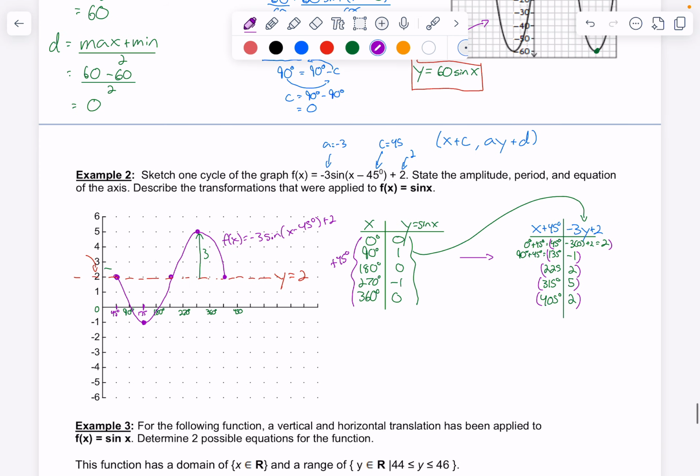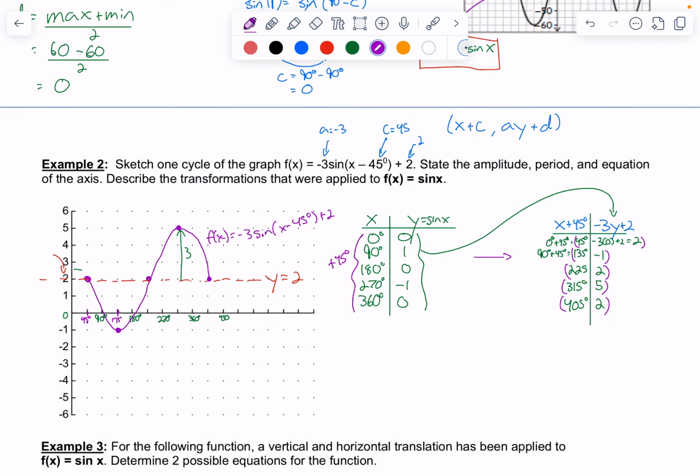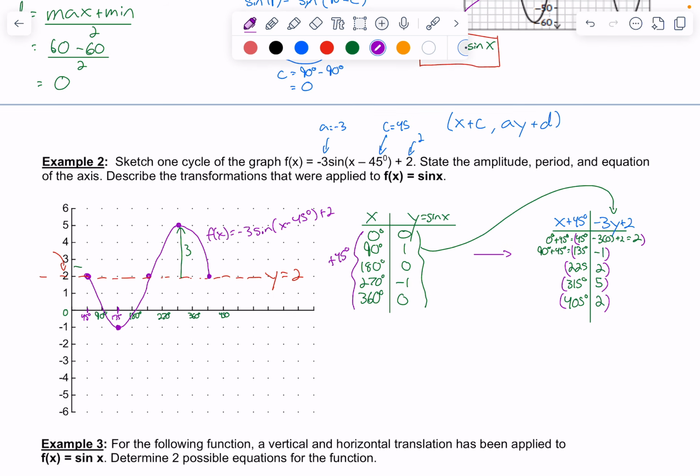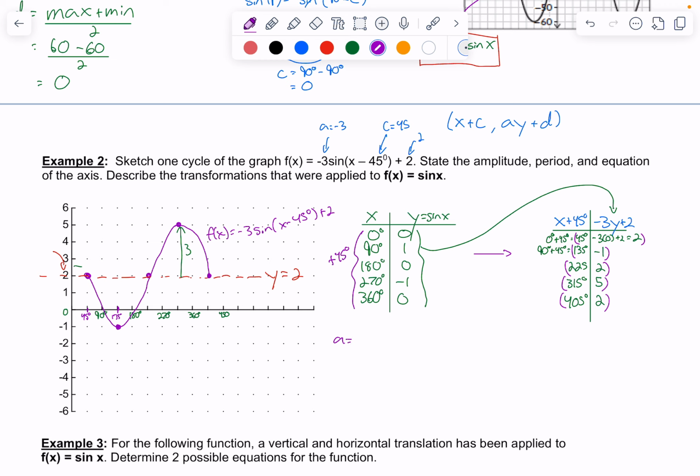So then we need to state the amplitude, period, and equation of the axis. Well, it's already stated the amplitude. Your A is 3. So I'll give you a chart to do this on the test, but I'll just make it cleaner. Amplitude equals 3. Your axis is y equals 2.